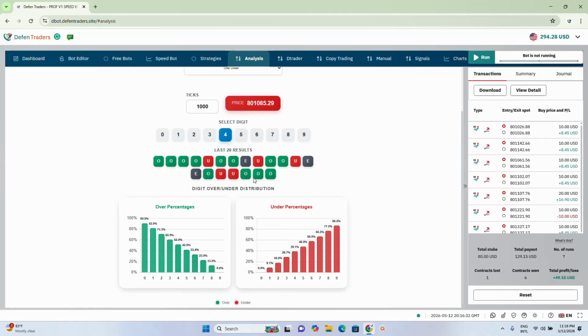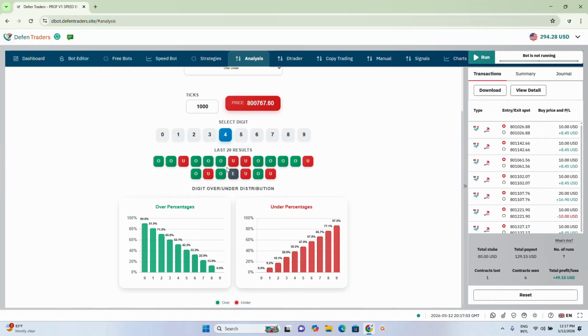So this graph majorly follows what you call the pattern way entry point, whereby you can wait for 2 or 3 unders for you to join over 4. Okay, so the graph is a simplified way to come and make a decision, ama a fast decision kama uko na issue ya kuangalia the green bar, the blue bars where they are, or the red bars, or the yellow bars mali ziko.